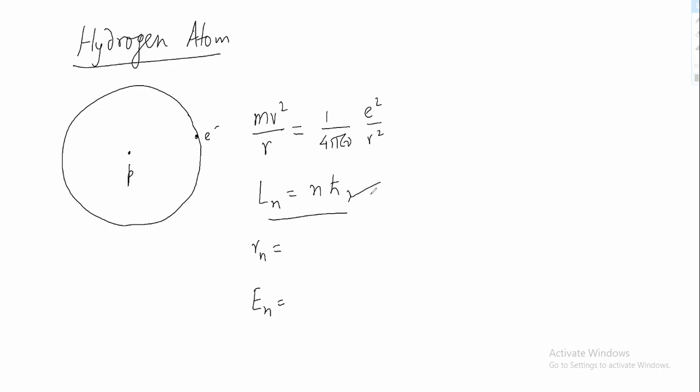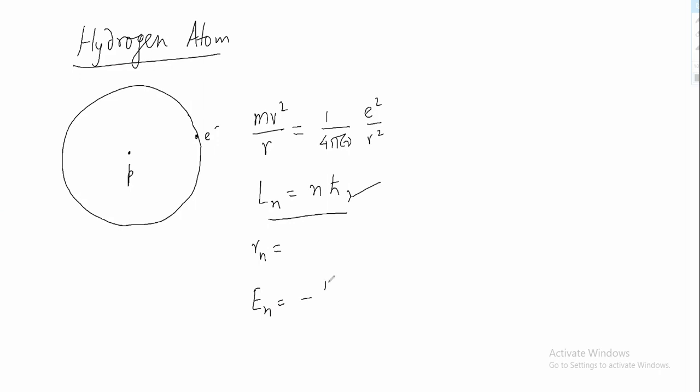Therefore, first the concept was that the angular momentum of the electron is quantized, and that led to the quantization of the orbit and the quantization of the energy.